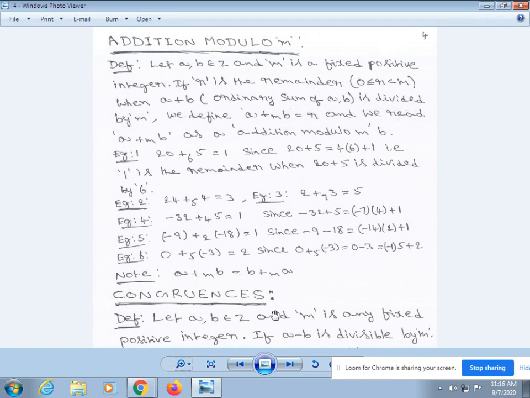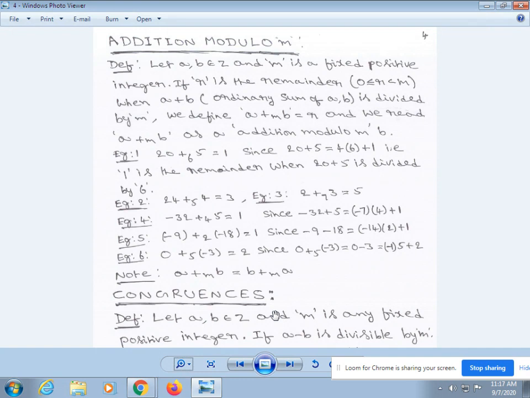In the same way, another example: 24 plus 4 addition modulo 5 equals 3. Next, another example: 2 plus 3 addition modulo 7 equals 5. Next, another example: minus 32 plus 5 addition modulo 4 equals 1.